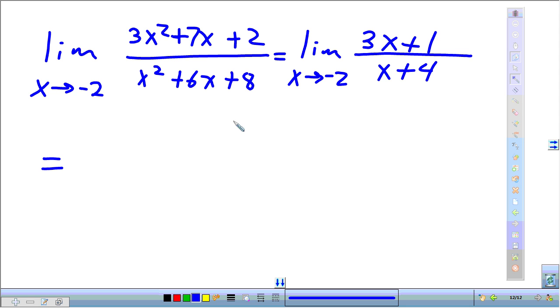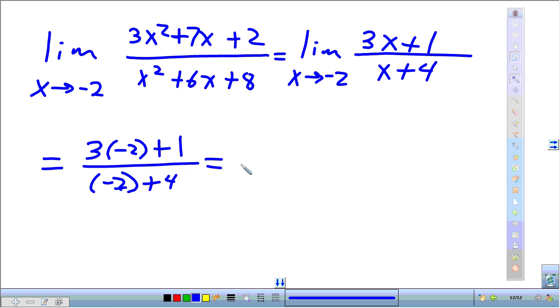And so, once I do this reduction, I can attempt to evaluate again, which in this case yields minus 5 over 2.